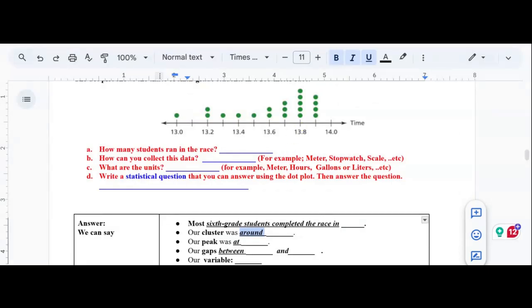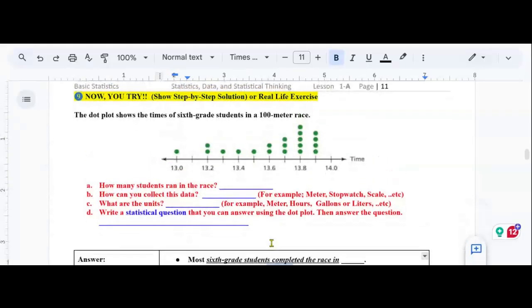The answer of around is usually around the peak. So it's going to be here 13.8 and here 13.8, same thing, right? Or you can say between 13.6 and 13.9. Our peak at what? 13.8. Our gaps between what? 13.0 and 13.2. Our variable? Time.